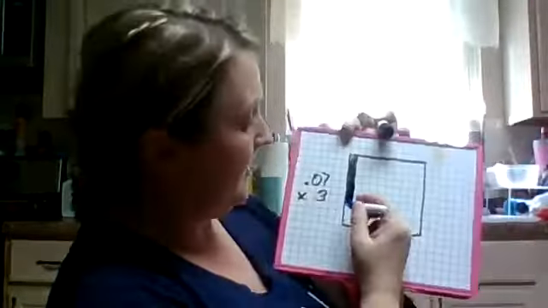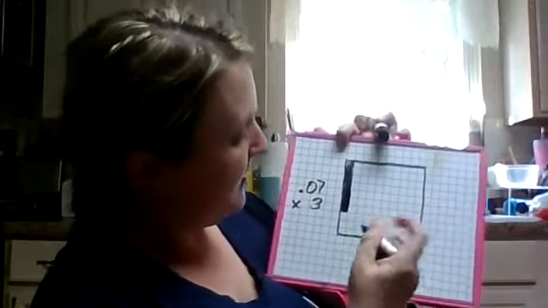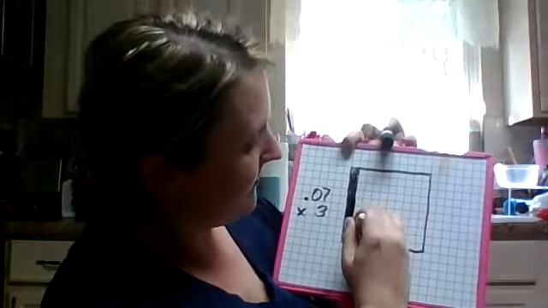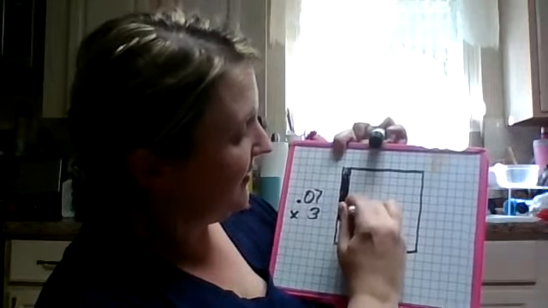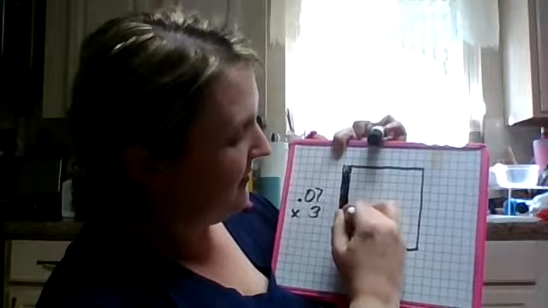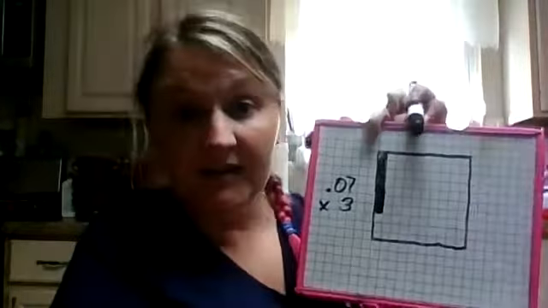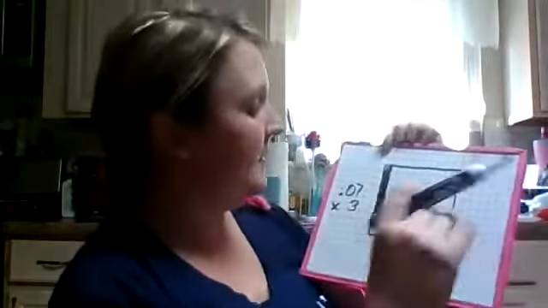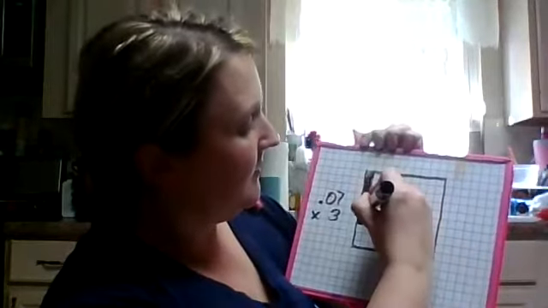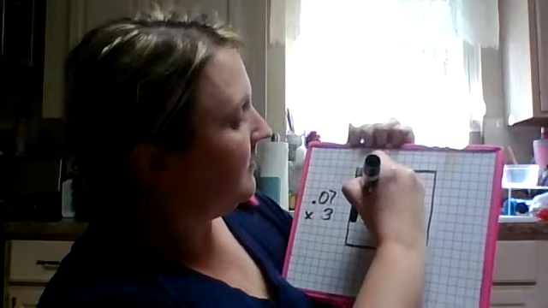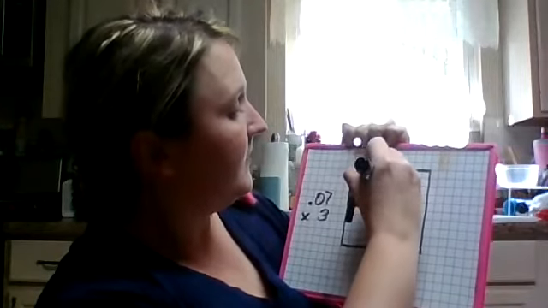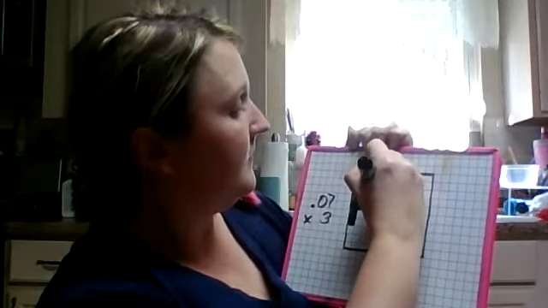Then if I color my second set, I have 1, 2, 3, 4, 5, 6, 7. Yeah, you can't even see this one. Then you color a set of 7 again. 1, 2, 3, 4, 5, 6, 7.